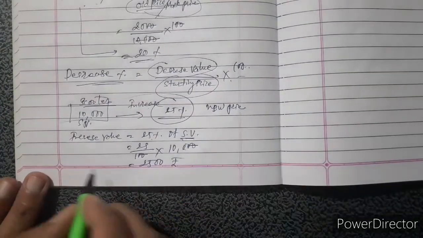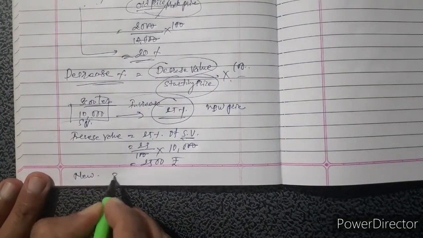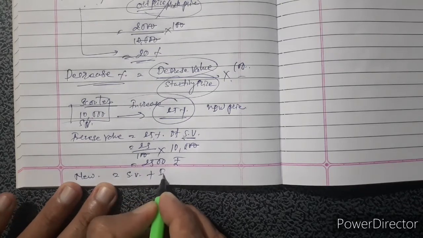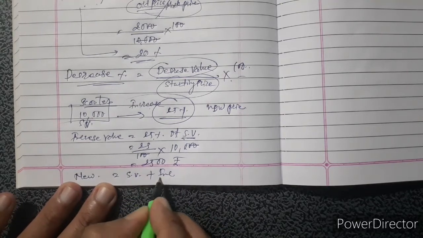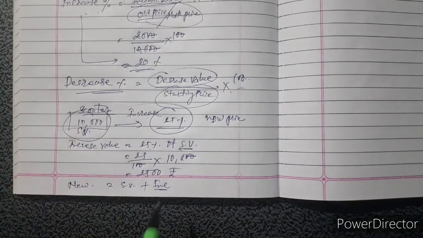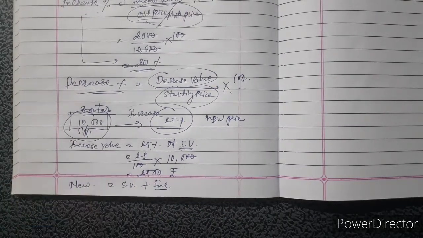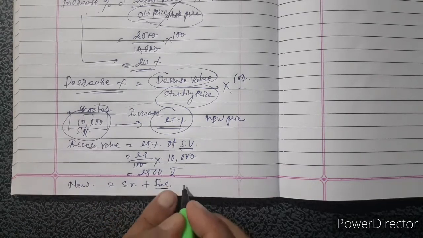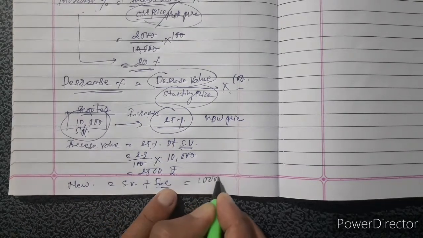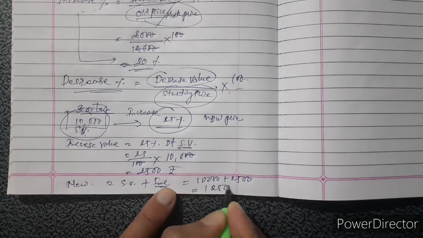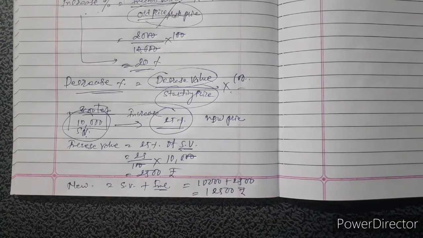So here your new price is the starting value plus the increase, because that is an increase. Increasing means you just add the increasing value to the starting value, because that time we get more value. So 10,000 plus 2500 equals 12,500 rupees.